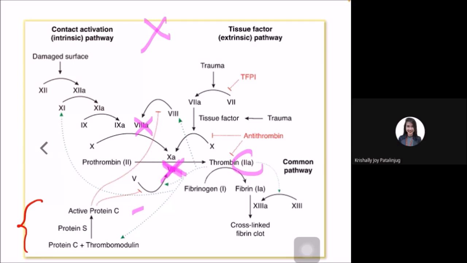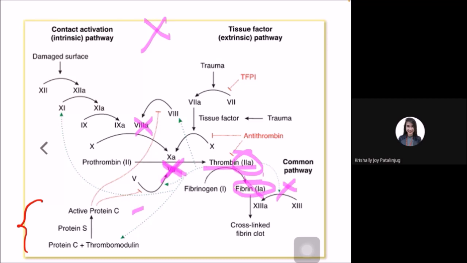And recall, importante si 2A para mabuo yung fibrin. So kung altered, walang 2A, wala na ring 1A, okay, which is also known as fibrin.